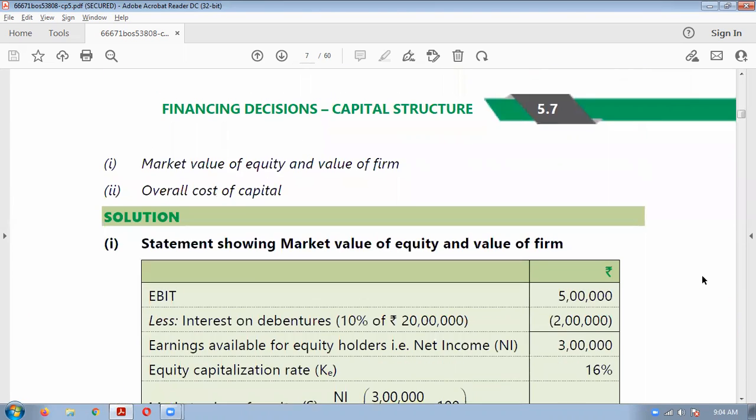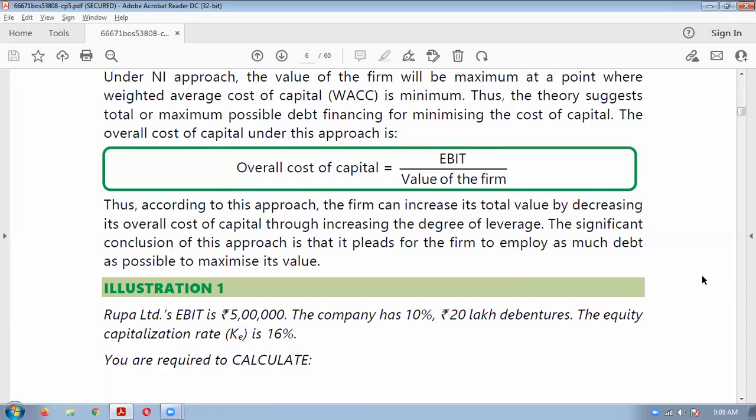Before calculating the value of equity, it is not possible to calculate the value of the firm and also the overall cost of capital. So first we will have to calculate the equity. Debenture is given as 20 lakhs.